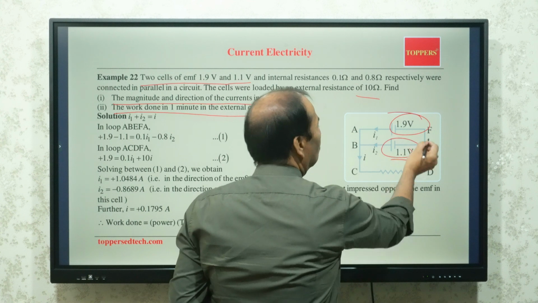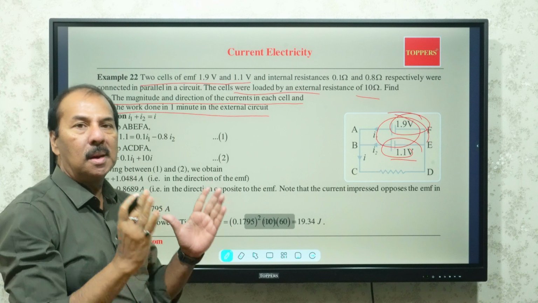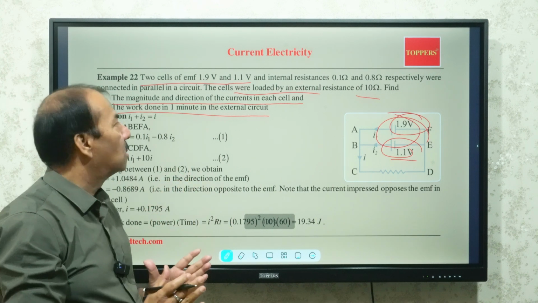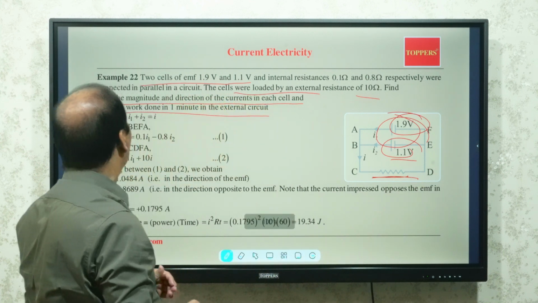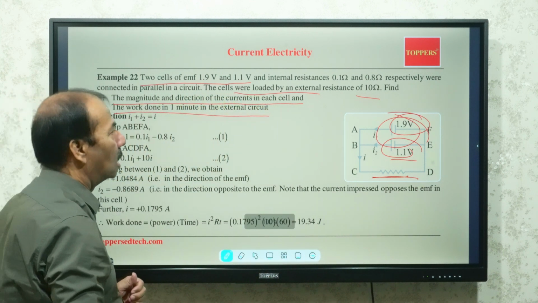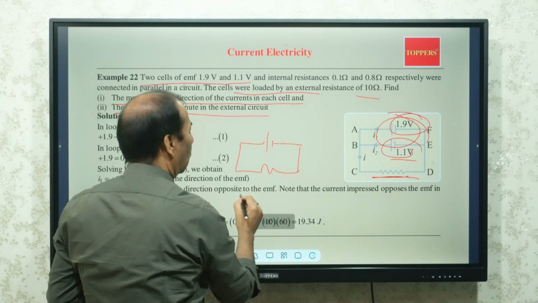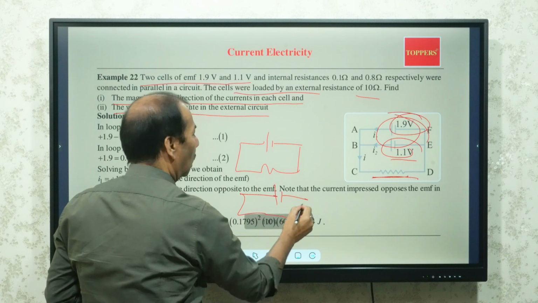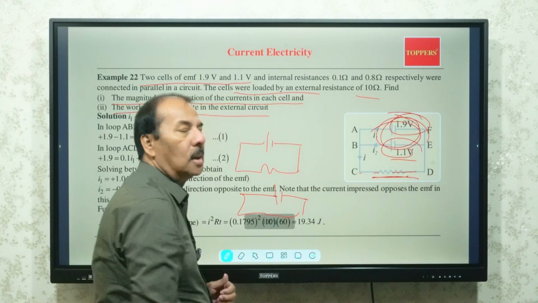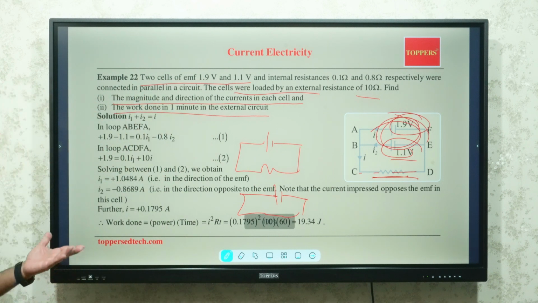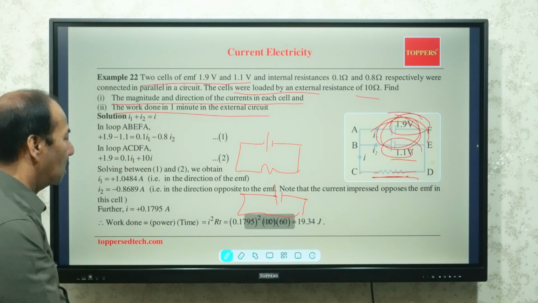This means they are connected across an external resistance of, suppose, 10 ohm here. Find the magnitude and direction of the currents. This cell is loaded with this, and another cell is also loaded with this. So these two are connected in parallel, and finally the circuit is loaded with an external resistance of 10 ohm. We have to calculate the current and its direction in each cell.